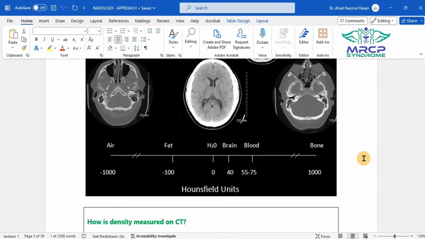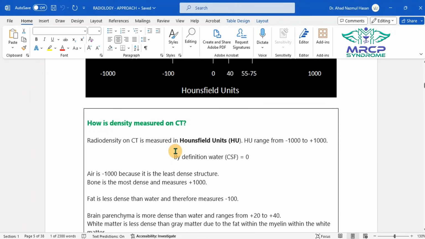Minus 1,000. Yes, minus 1,000 to plus 1,000. Minus means the more hypodense, the more negative it will be. And plus means the more hyperdense, the more positive it will be.